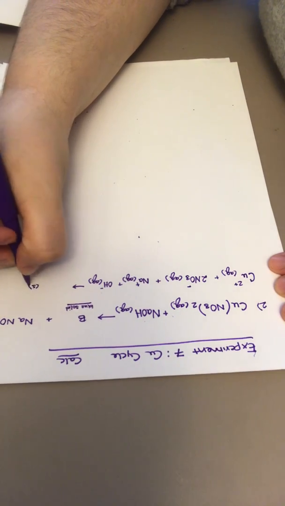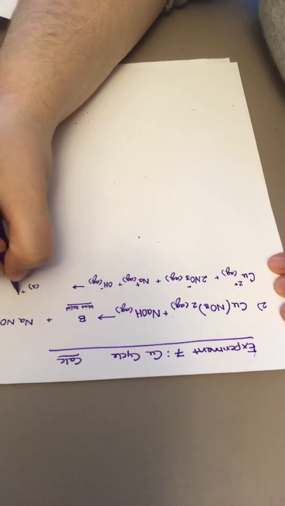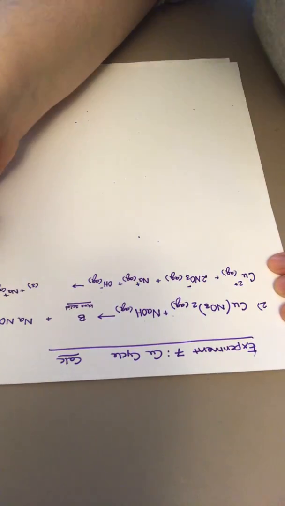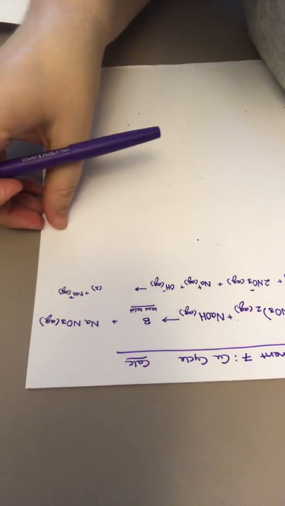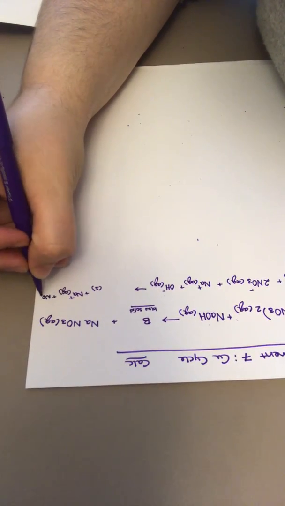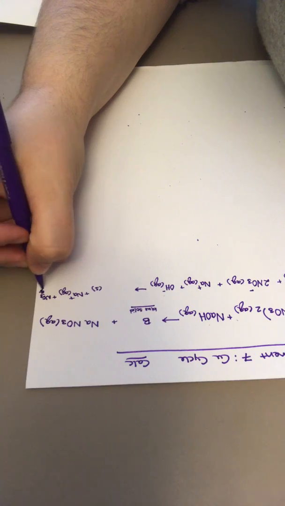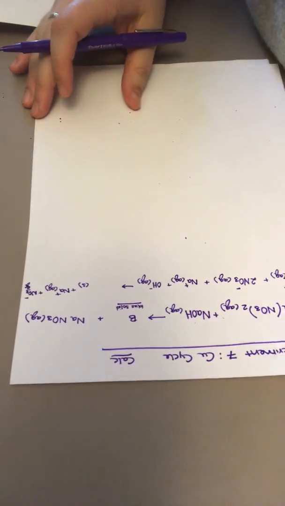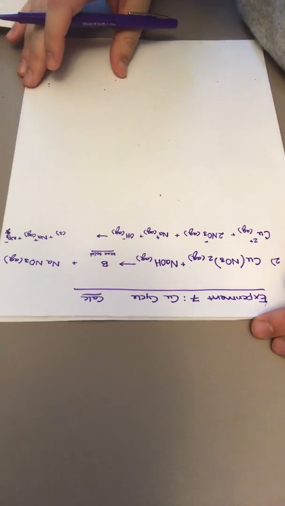So whatever it is, it's solid, plus we have Na+ aqueous, and we also have NO3 minus aqueous. I hope you guys can see, sorry about that. Let me try to scoot back so I can get it all in frame.